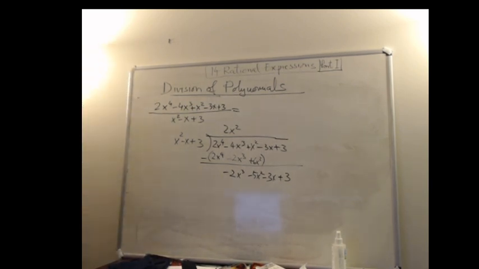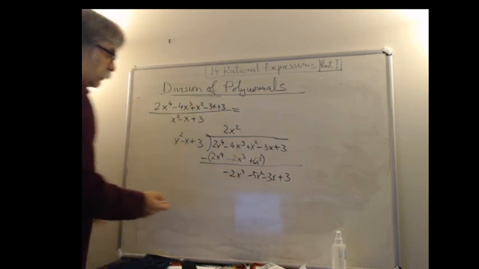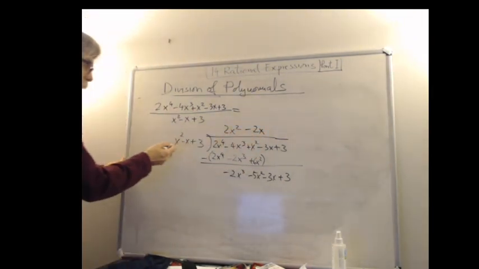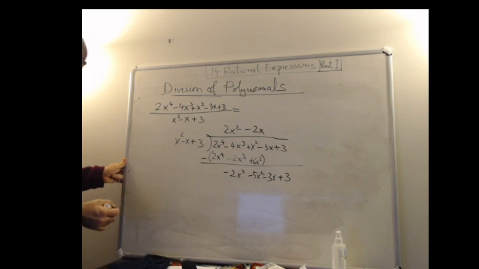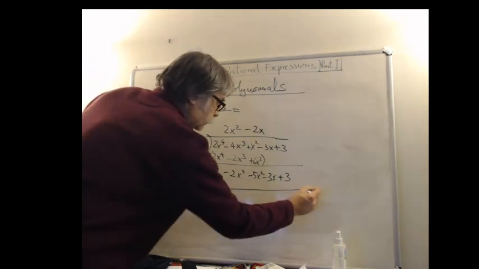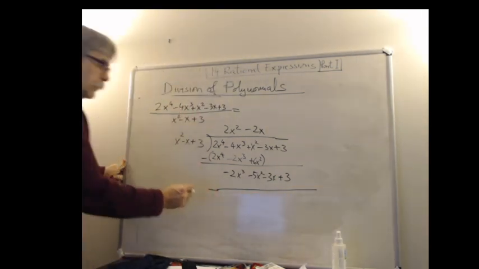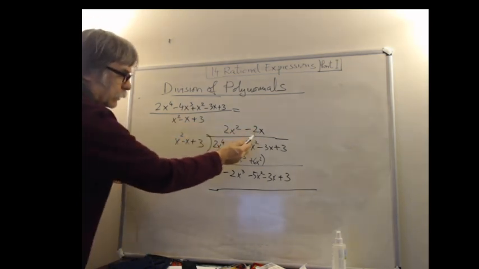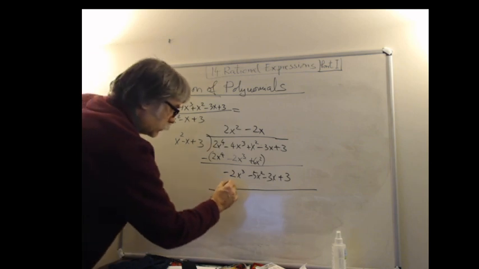Alright? So now, what do I multiply this guy by to get here? Well, you need a negative 2x. Negative 2x times x squared is negative 2x cubed. And then you write under this, times this, times this, negative 2x cubed.